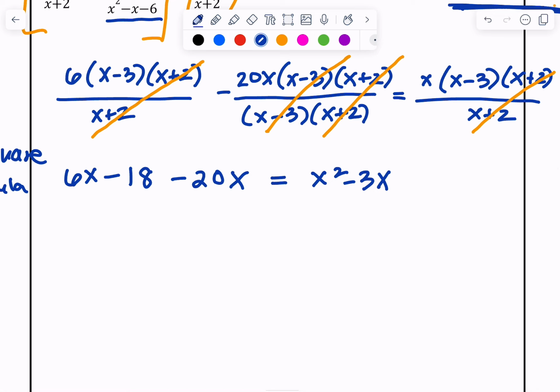I'm going to move everything to the right side, so that's going to leave me with 0 equals x squared. Let's see, this gives me negative 14, so if I add that, that will give me plus 11x plus 18. And I don't think that factors. Let me go back just to make sure I'm doing this right so I don't mess anything up.